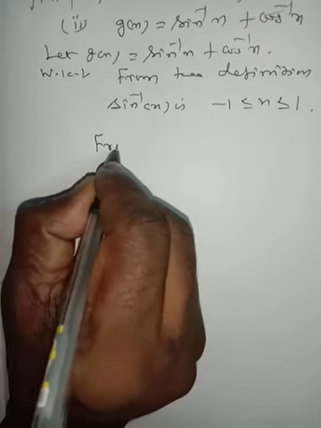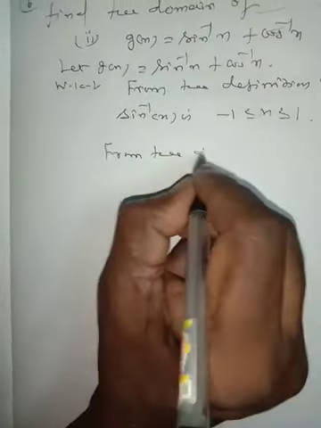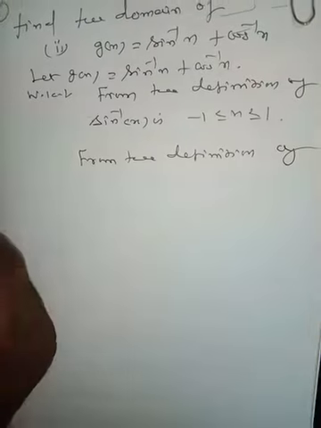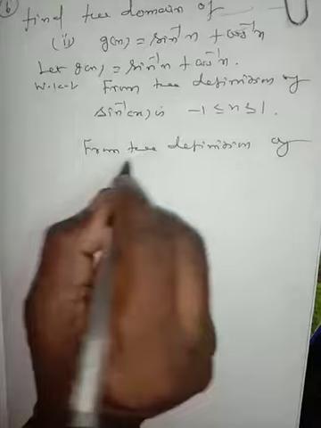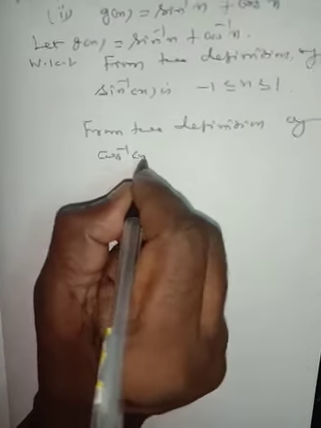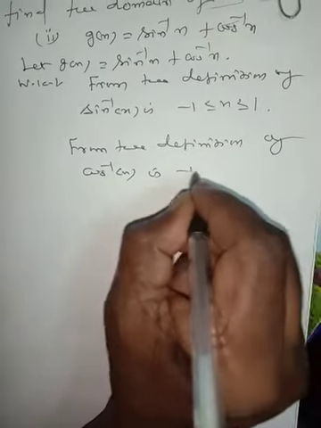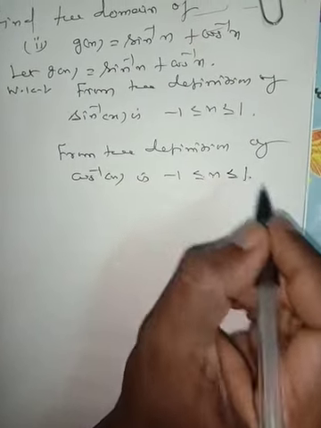From the definition of cos inverse of x, it is also the same range, -1 less than or equal to x less than or equal to 1.